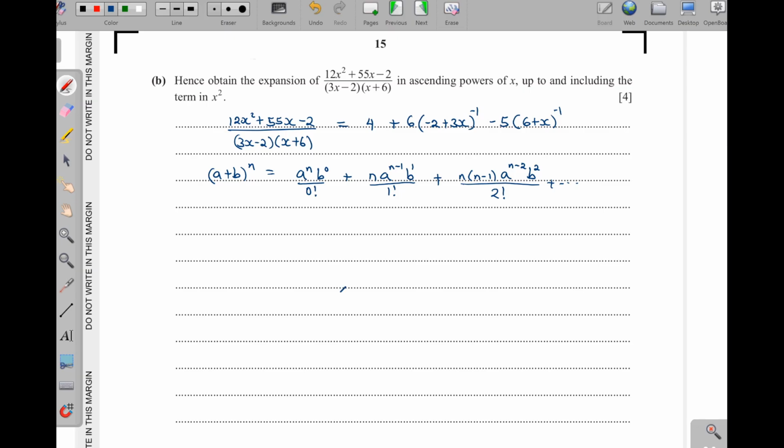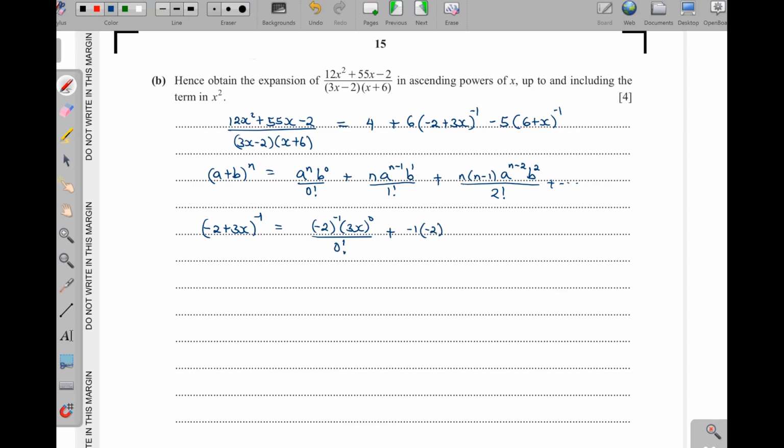Now let's begin with this one here, negative 2, then plus 3x, then to the power of negative 1. So we shall have negative 2. Please take it with its sign. If you leave the negative there, you will get wrong things, okay? And then the next one here is going to be, of course, the power is negative 1, then 3x here, power 0, out of 0 factorial. Then plus, drop the power, negative 1.